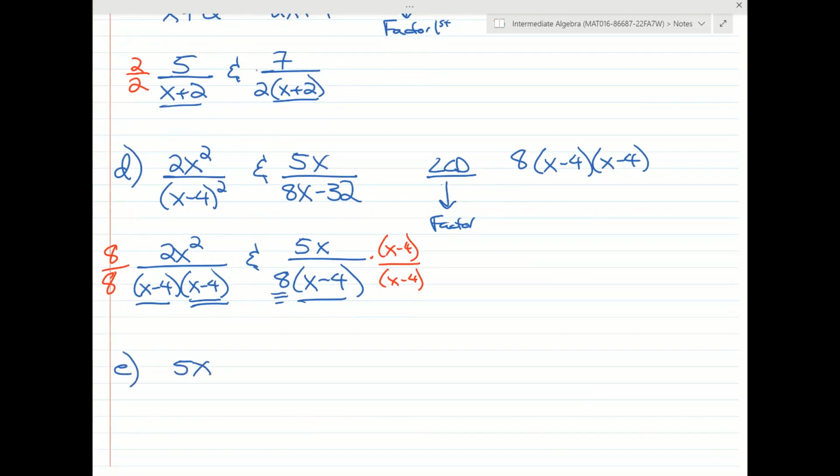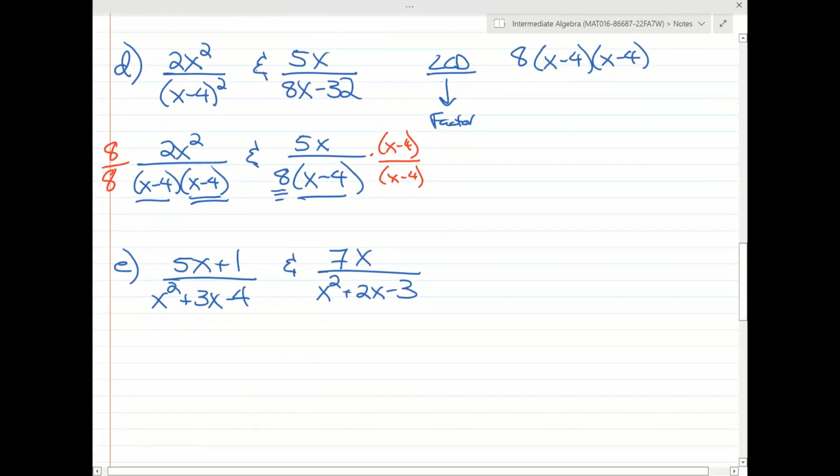And then one more of these. What if we had 5x plus 1 over x squared plus 3x minus 4 and 7x over x squared plus 2x minus 3? Well, in order to figure out the LCD, we have to factor.